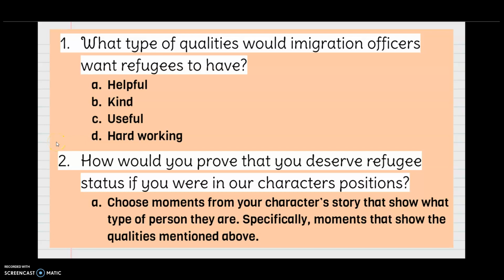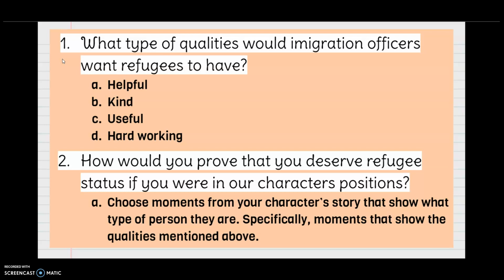First of all, two questions I want you to think about before you choose a character and before you begin thinking about examples. Number 1, what type of qualities would immigration officers want refugees to have? The point of this assessment is for you to decide whether the character you chose would be allowed into the United States based on things present in their story.